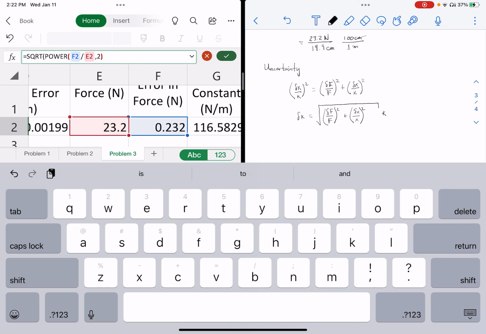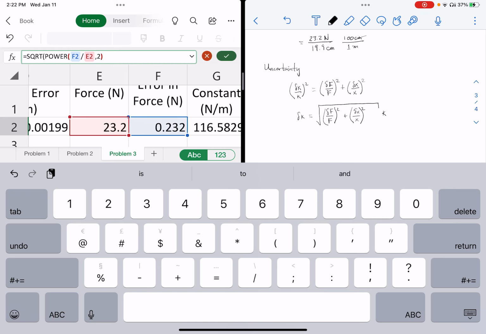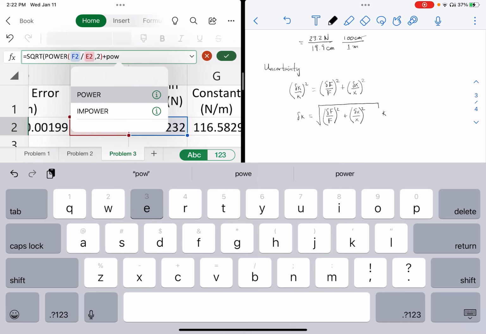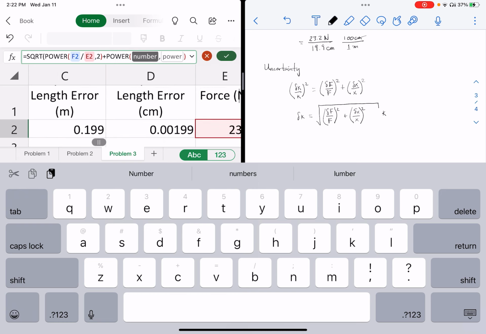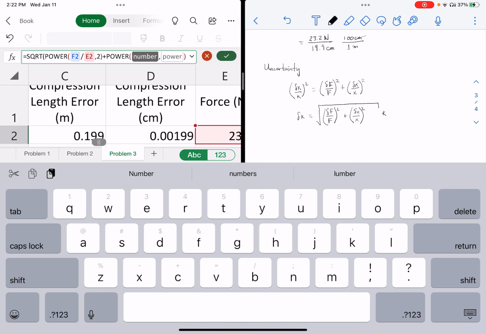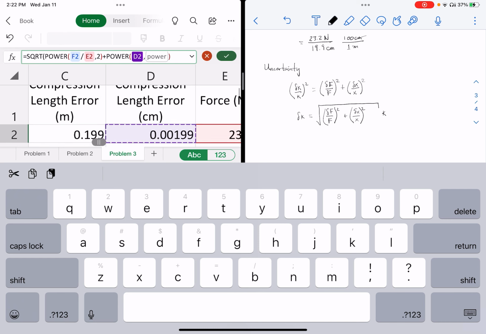And then we're going to have ourselves a second part. So this is going to be plus power, okay? And in this particular case, we're looking at the change in X. So we have our compression length error, but that's in centimeters. Is that in centimeters?